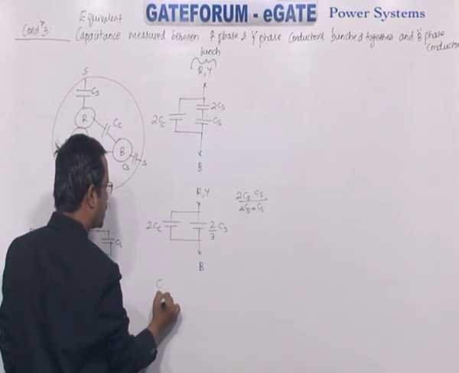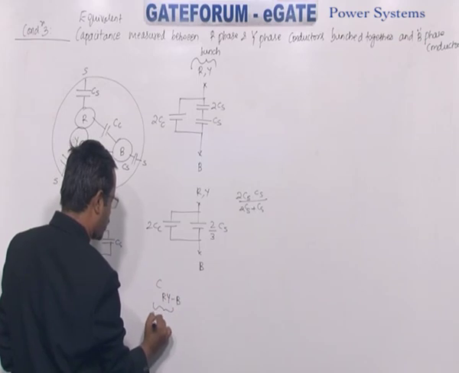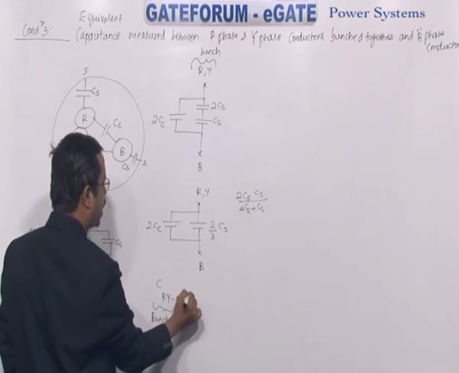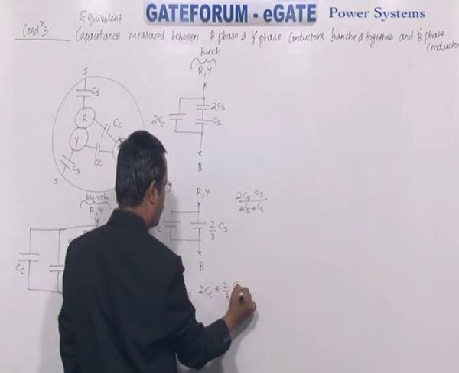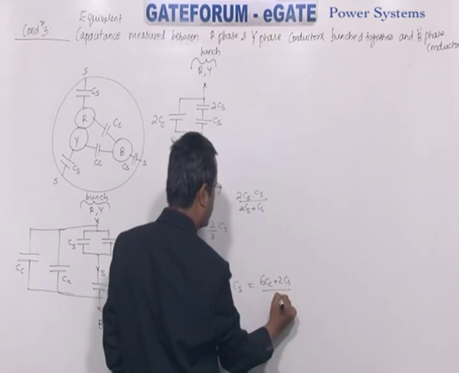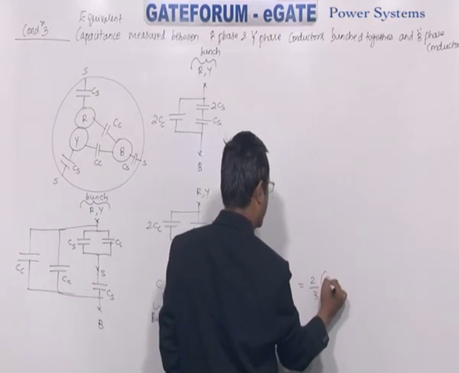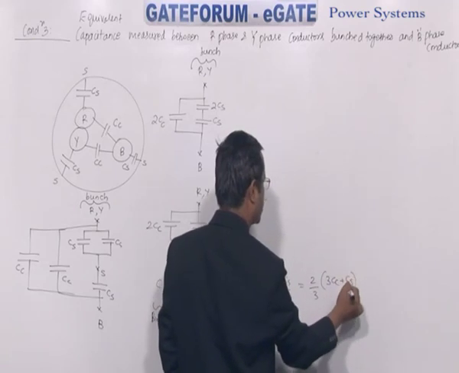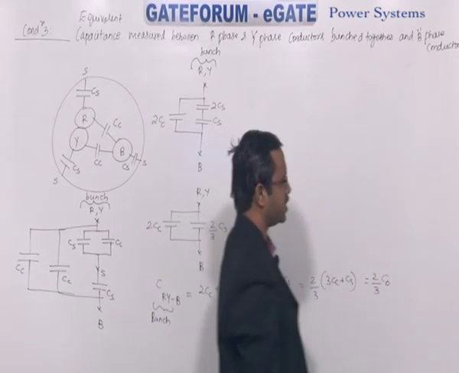So lastly, what is the equivalent capacitance between the bunched R phase, Y phase conductor and B phase conductor? You add these values now. So 6CC plus 2CS by 3. Take out 2 common. You get 3CC plus CS. How much is 3CC plus CS? It is C naught.